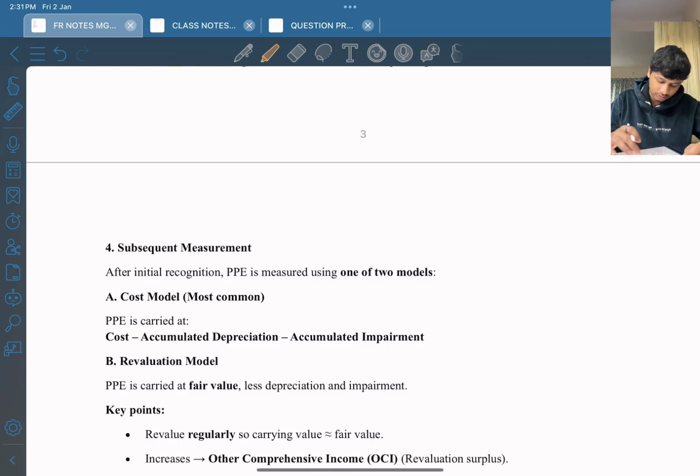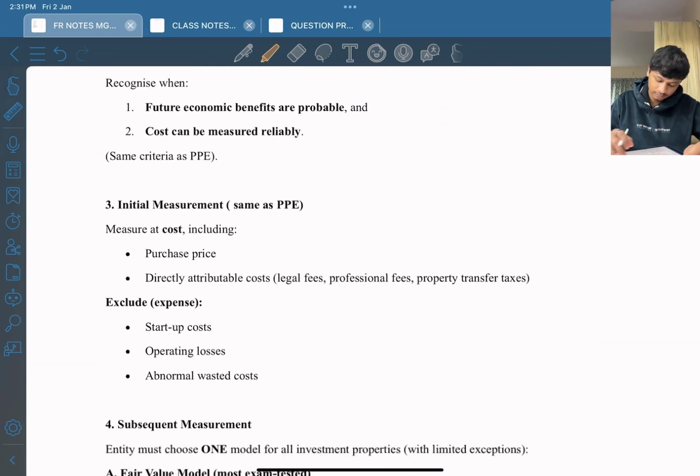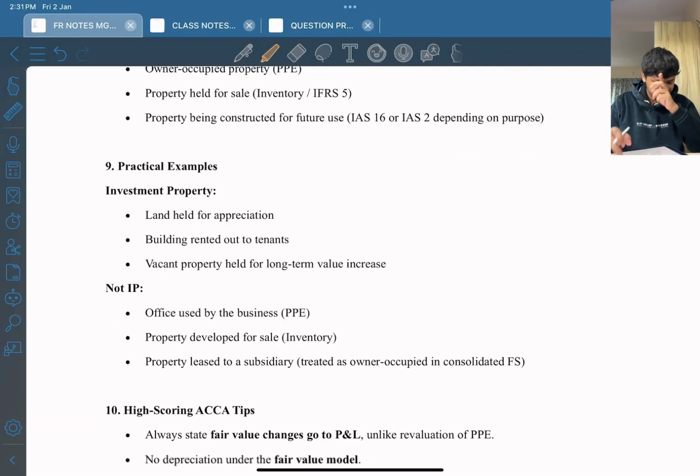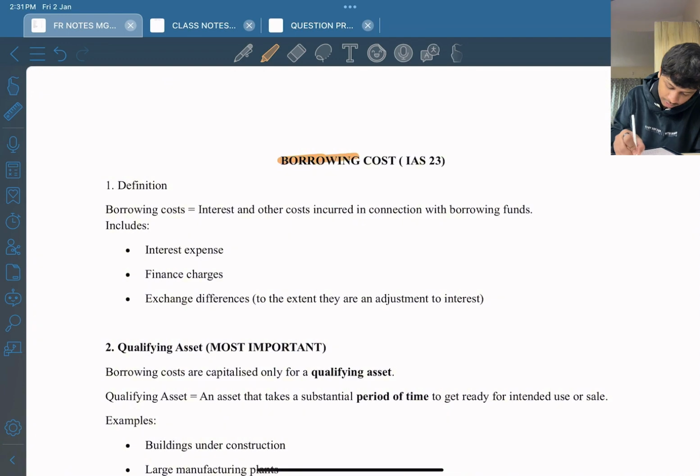Now let's open borrowing cost. Borrowing cost is interest or other cost incurred in connection with borrowing funds. So it includes interest expenses, finance charges, and exchange differences.